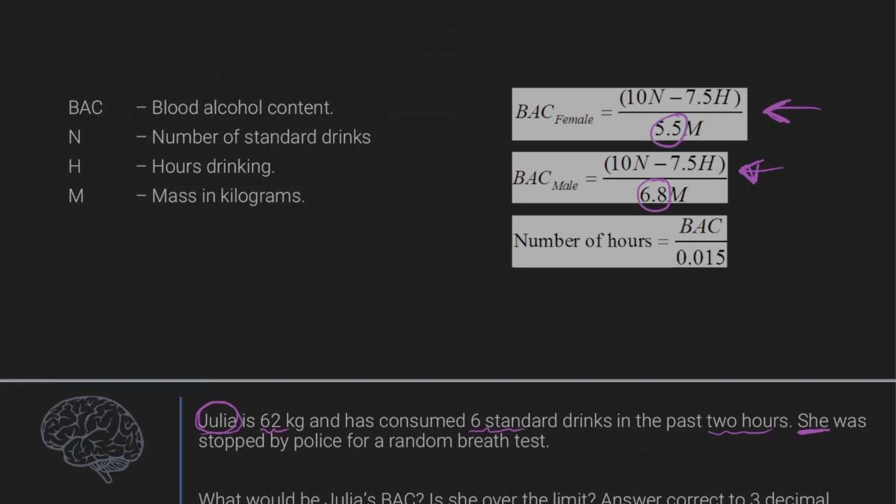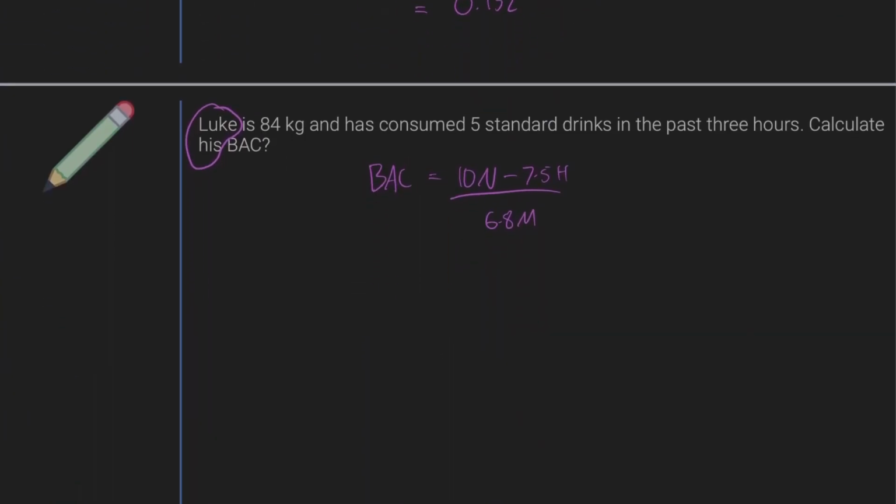Okay, and now we plug in the relevant information from the question. Five standard drinks times 3 hours over 6.8 times this mass.